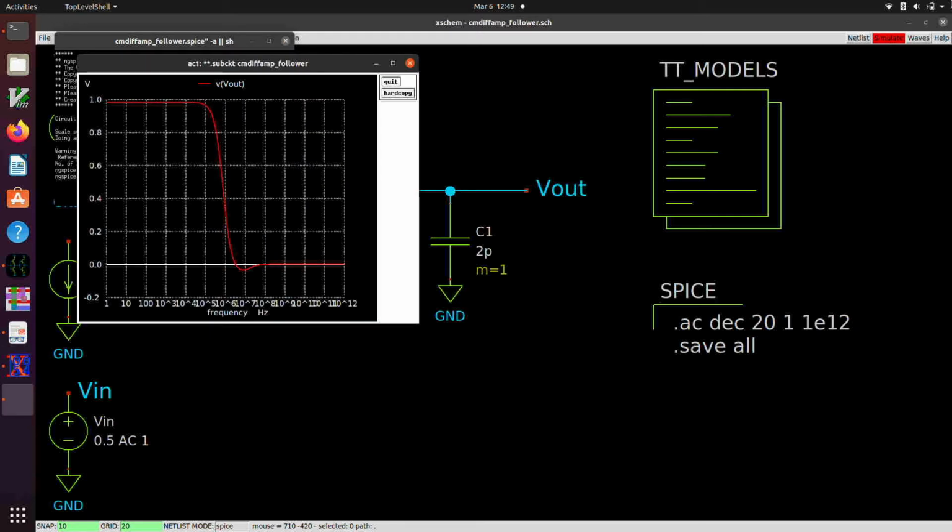Here we get something that's kind of weird. Not at all what we might expect. So the output is about 1 volt. That's fine. And then it goes down to 0 volts at some frequency, but this is definitely not what we would expect to see.